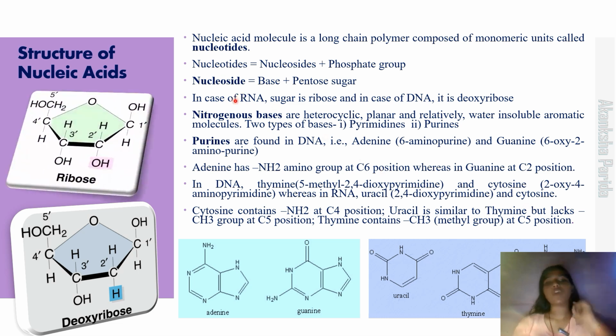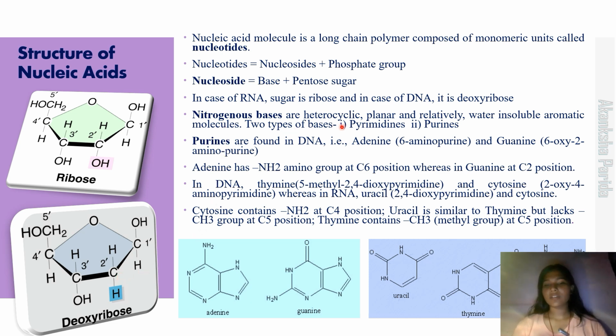In case of RNA, the sugar is ribose, and in case of DNA, it is deoxyribose. The difference is that in the C2 position, it is a hydroxyl group in ribose, and here hydrogen in C2 position of deoxyribose.